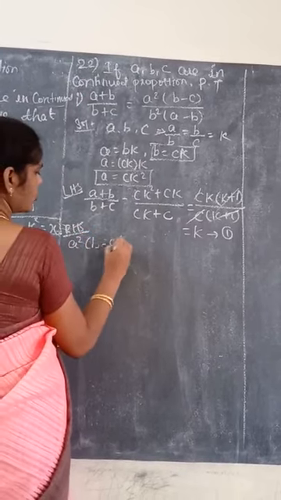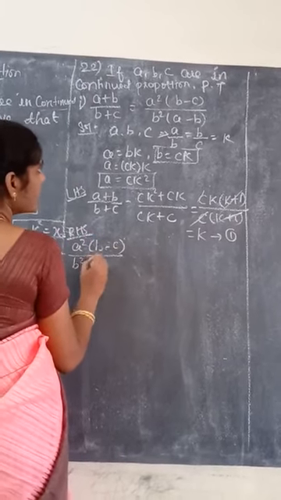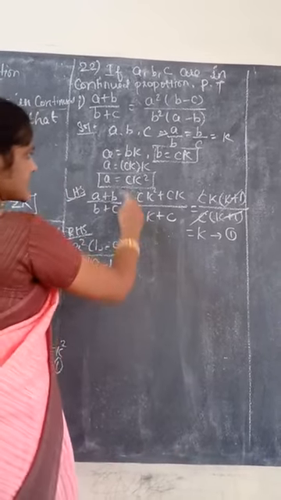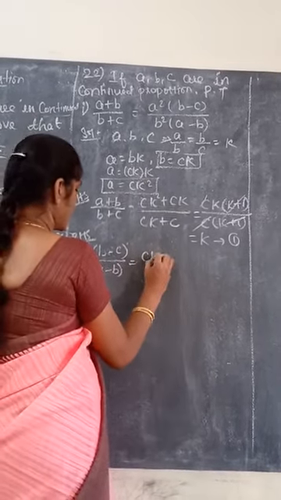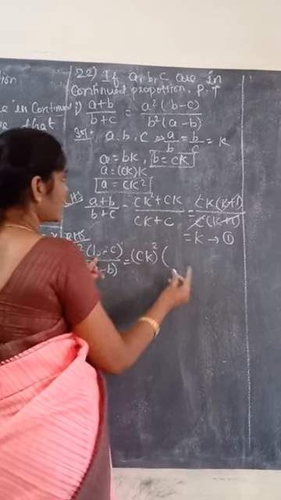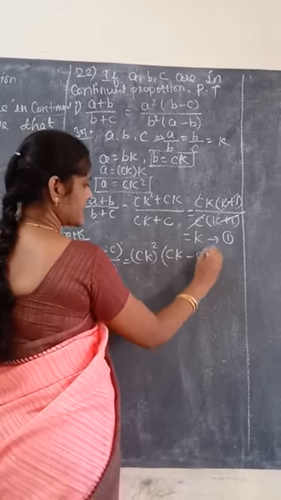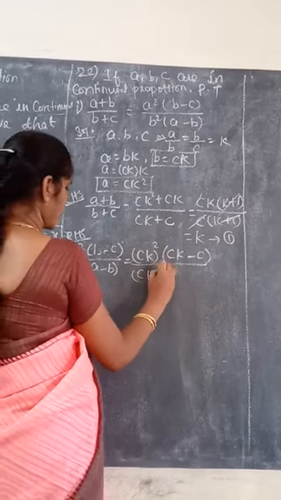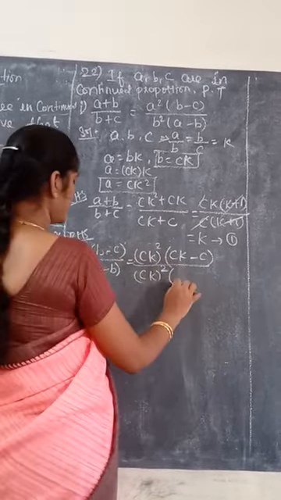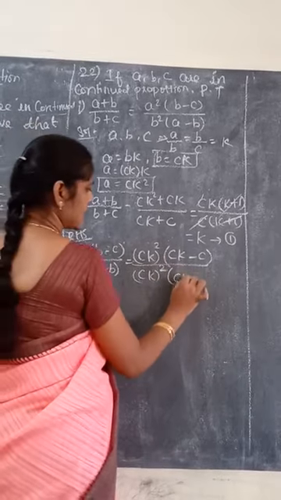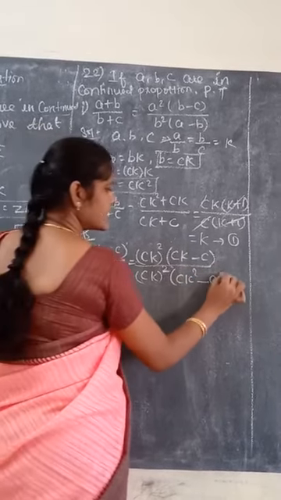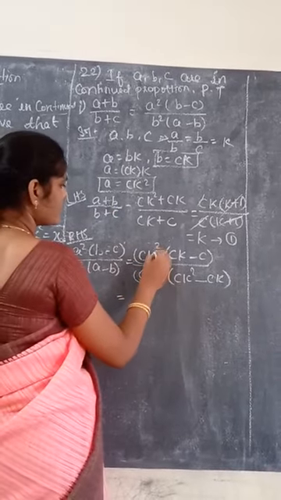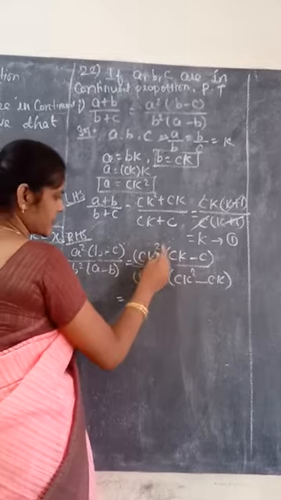a squared into (b minus c) divided by b squared into (a minus b). What is a? c k squared. So (c k squared) the whole square. What is b? c k minus c, divided by what is b? (c k) whole square into what is a? c k square minus what is b? c k. Here, take the multiplication. c squared.